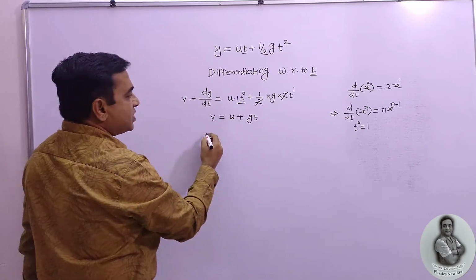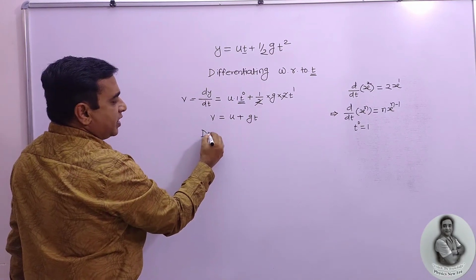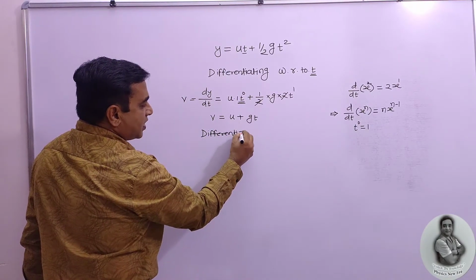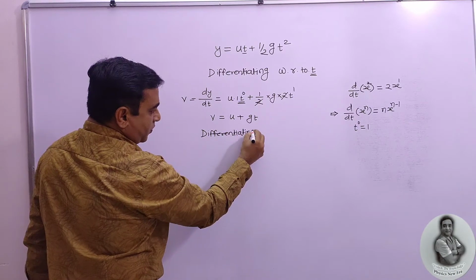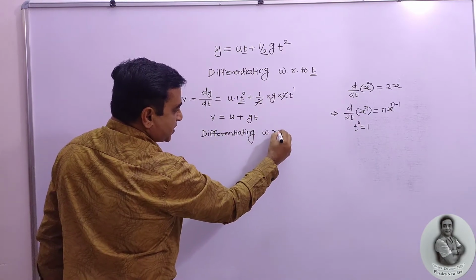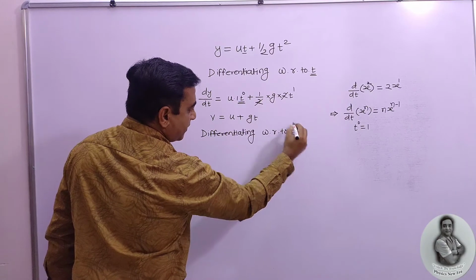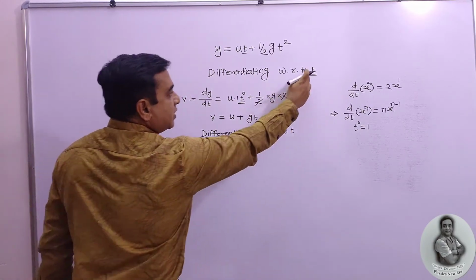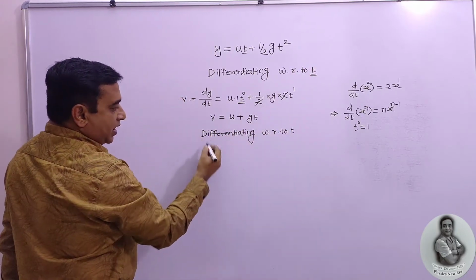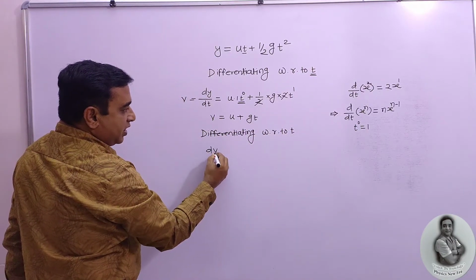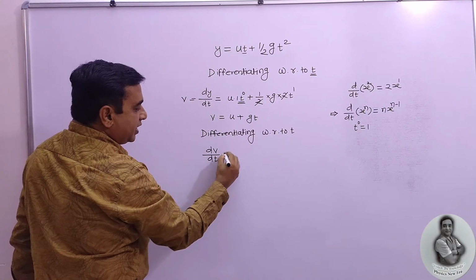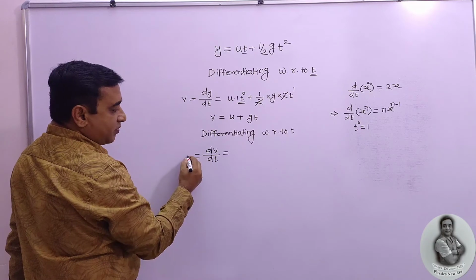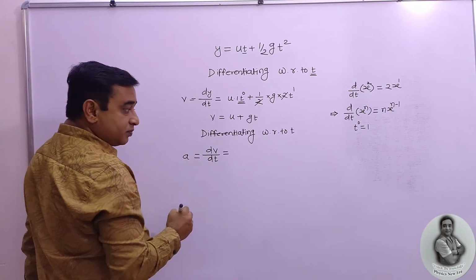Once again differentiating with respect to t. If we differentiate with respect to t, dv upon dt is equal to, once again I am going to differentiate, but the rate of change of velocity is nothing but your acceleration.